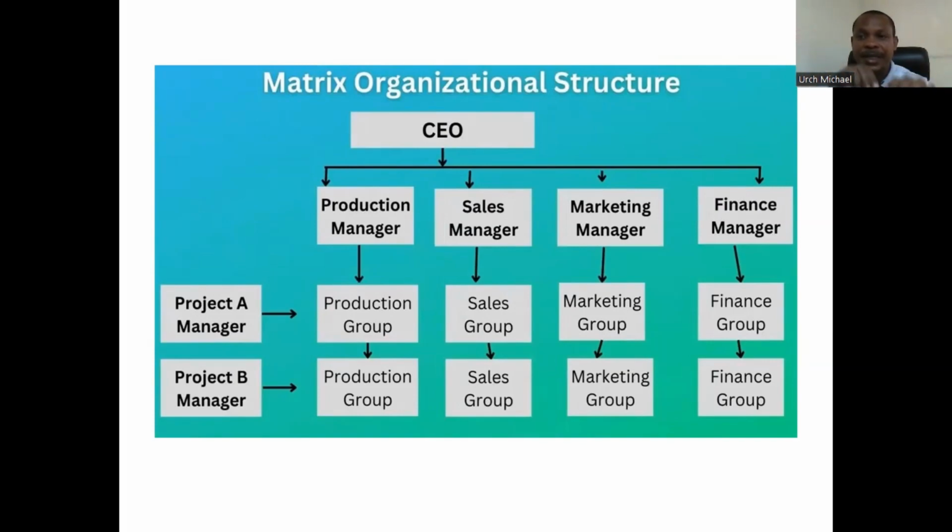We have the functional managers at the top and the project managers by the left side. So the team members are answerable to both the functional manager and the project manager. But now the question is this: how do we define the strengths of the functional and the project manager?